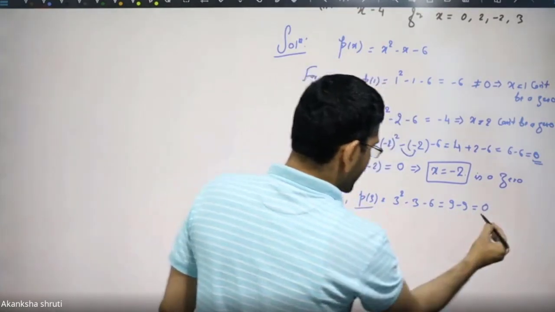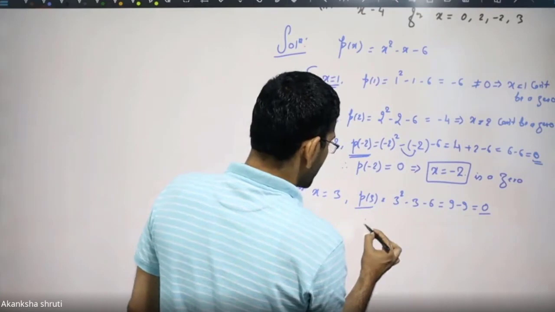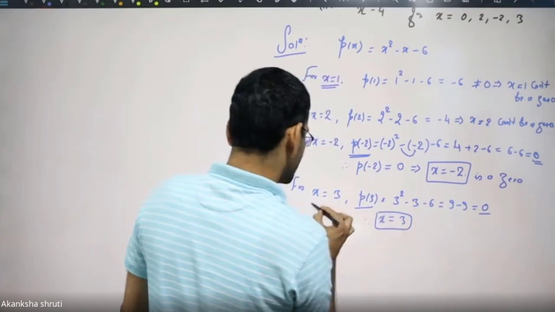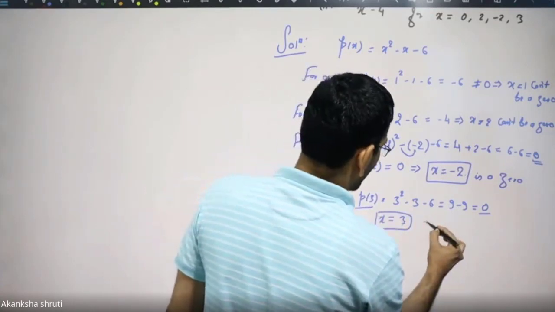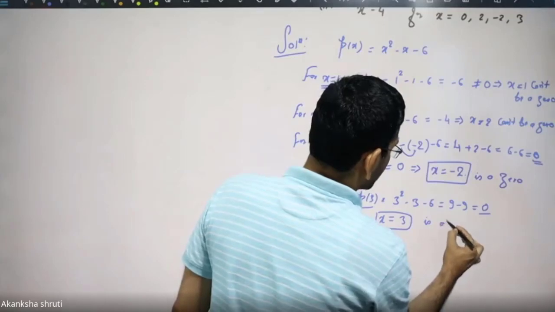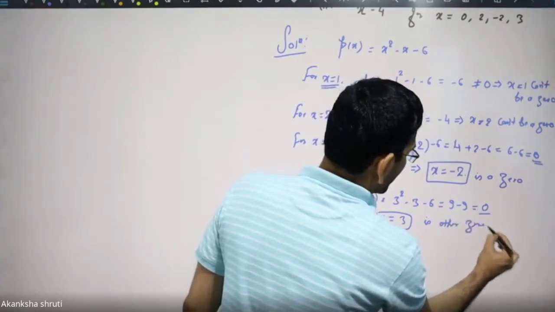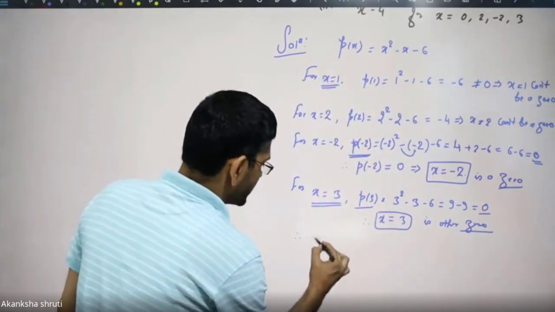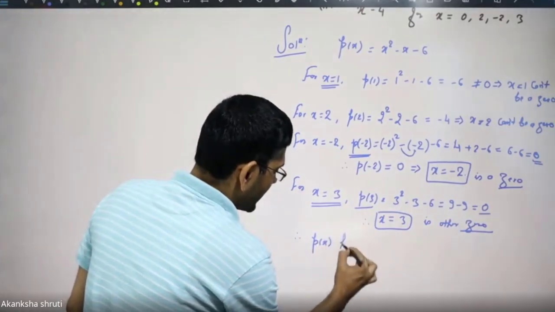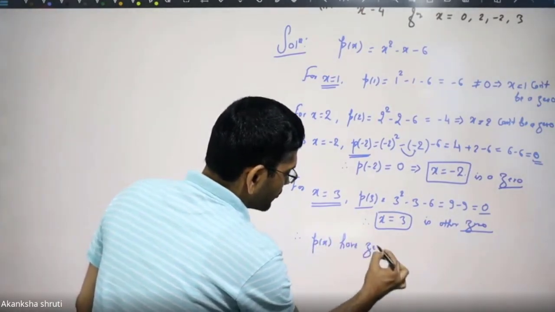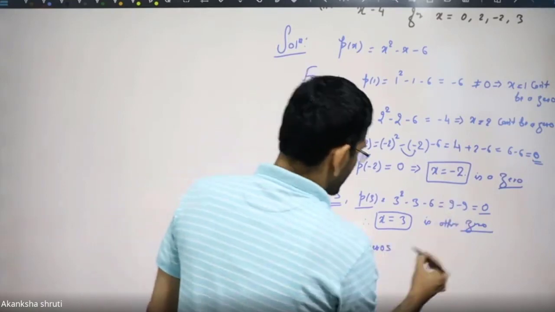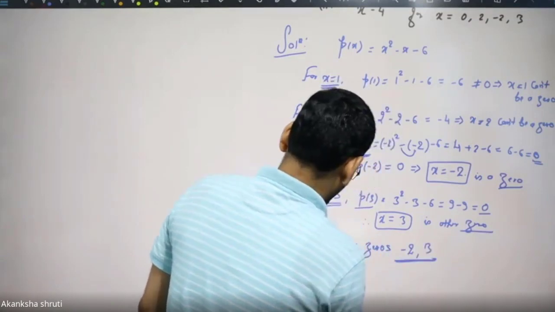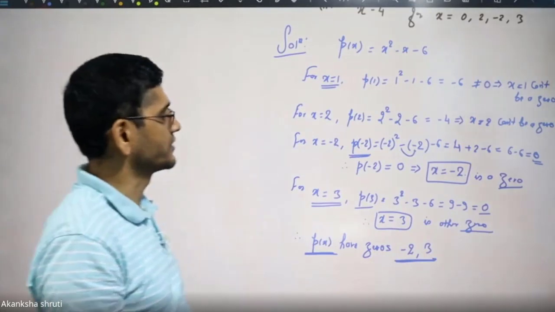So from here we can conclude that x equals 3 is also a zero, like the other one we had calculated. Therefore we observe that this P(x) has more than 1 zero: minus 2 and 3. These are the zeros. It is that easy.